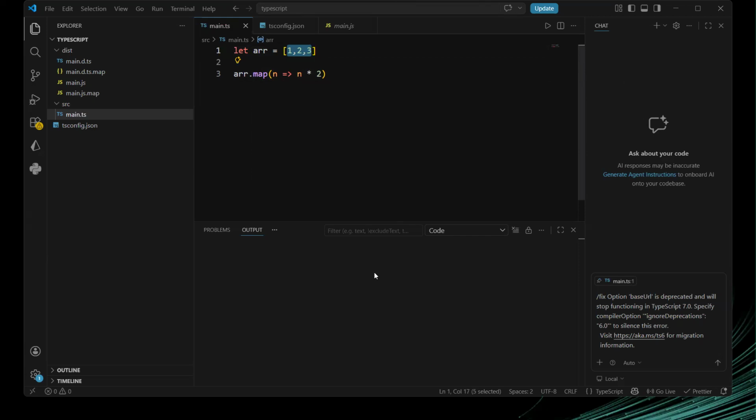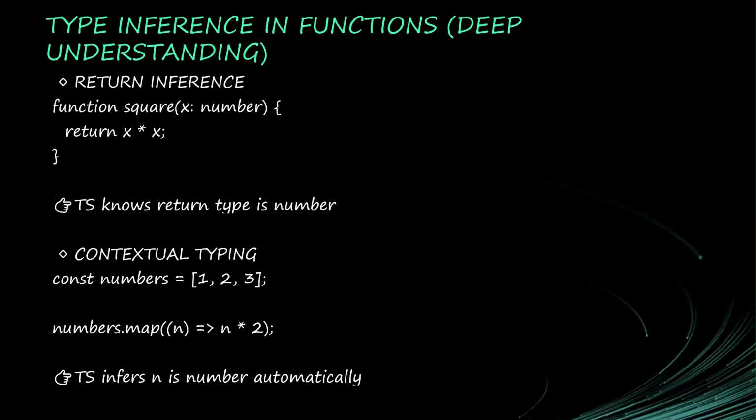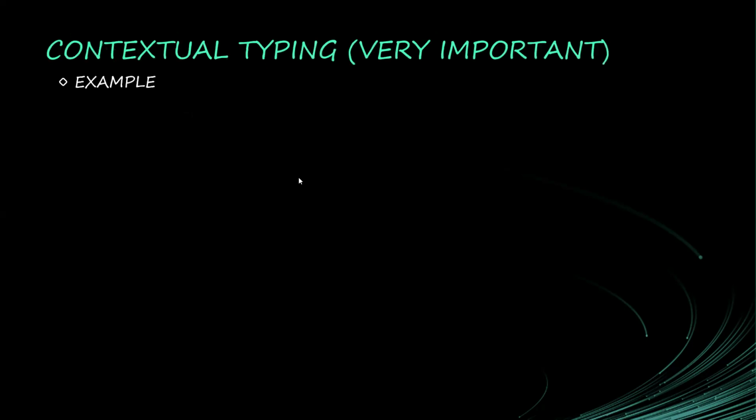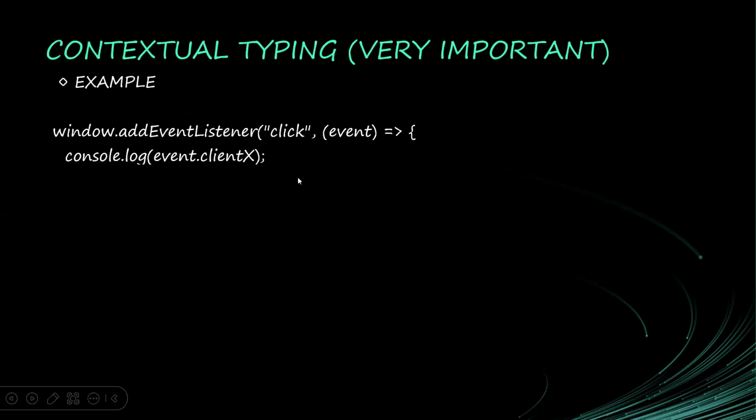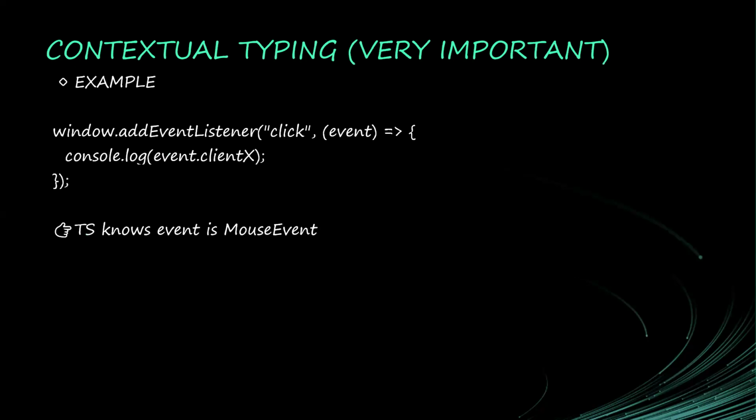TypeScript infers n is a number automatically because the array that we are mapping contains numbers. So when you do something like window.addEventListener with a click event, and in your click event you're saying event.clientX, TypeScript would know that it is a mouse event. It is only mouse events that have clientX.